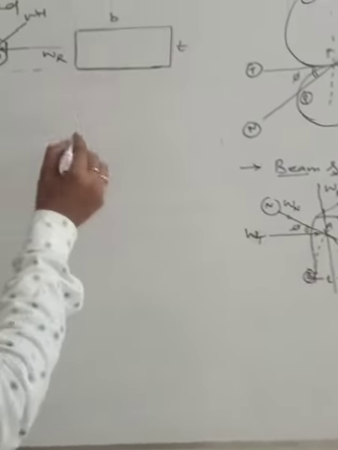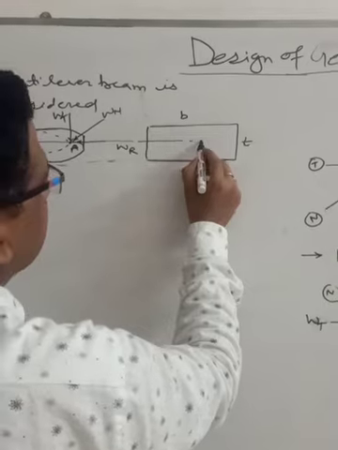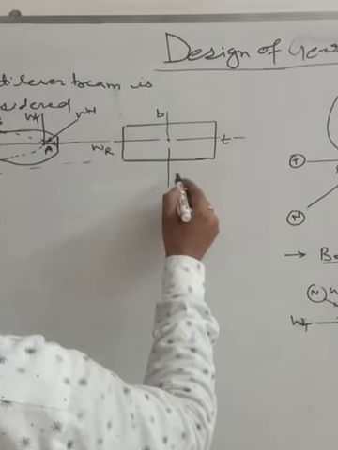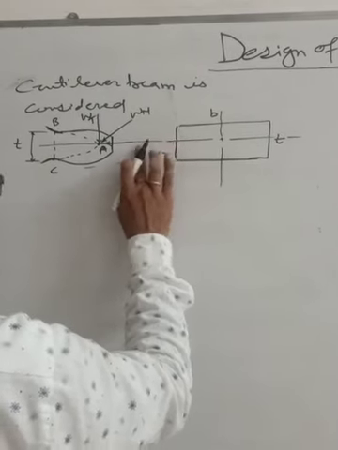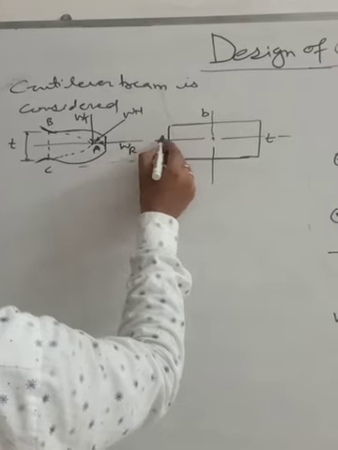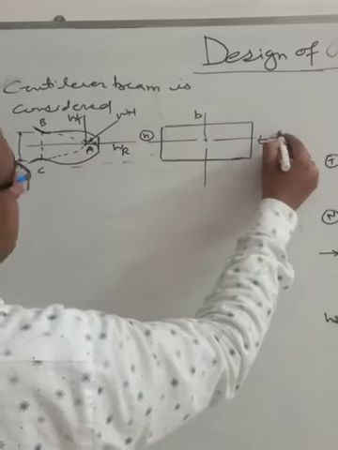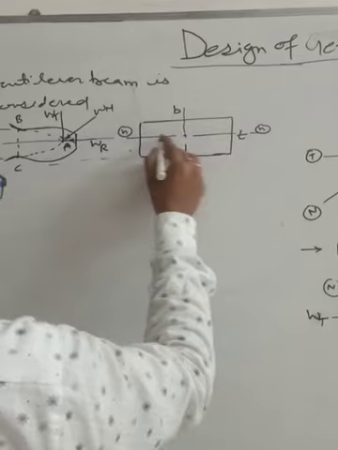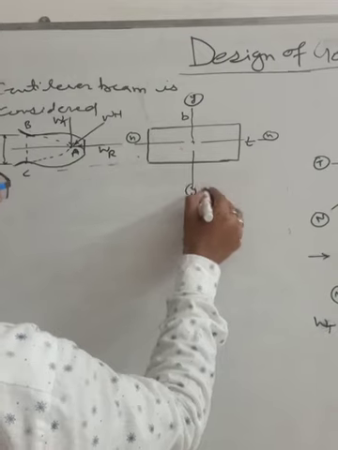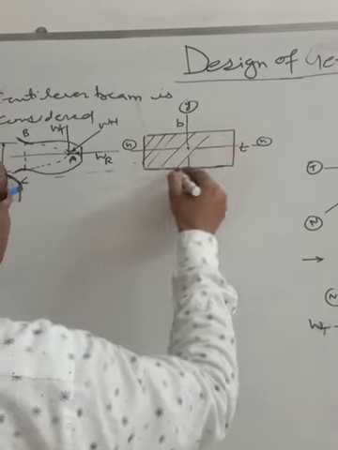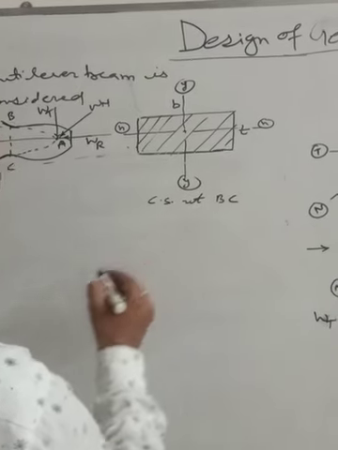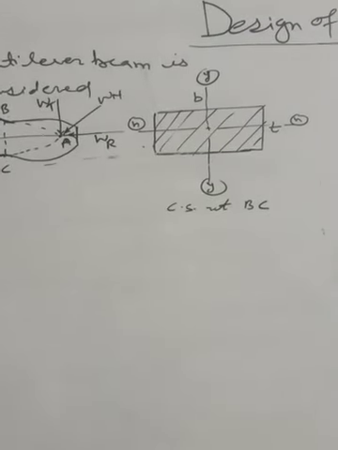This is B and T, and this is the horizontal axis and vertical axis. This horizontal axis is also considered as the neutral axis, the x-x axis, and this axis is your y-y axis. It means this is the cross section at BC, which is the weakest zone.